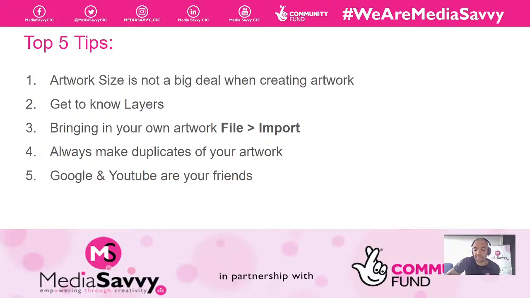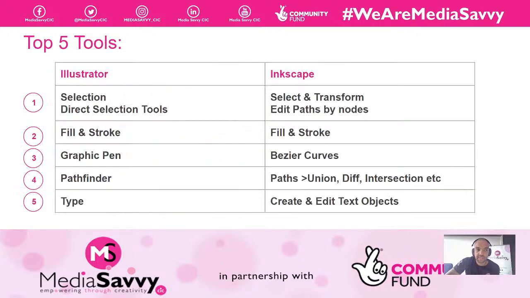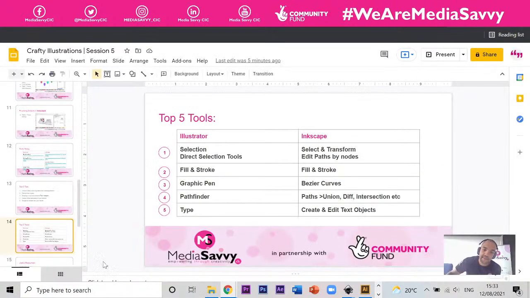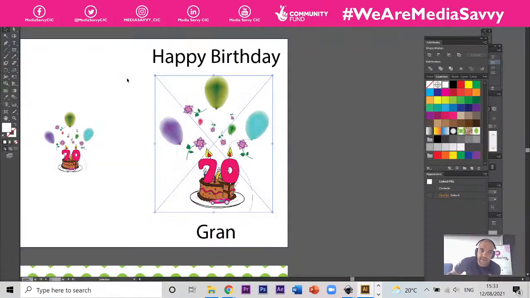So that's the 5 tips. We've got 5 tools. These are the tools that I think are really important when it comes to learning these programs. There are 2 tools in each program that allow you to select. You've got a selection tool, which is the black arrow in Illustrator, and this is your direct selection tool, the white one.